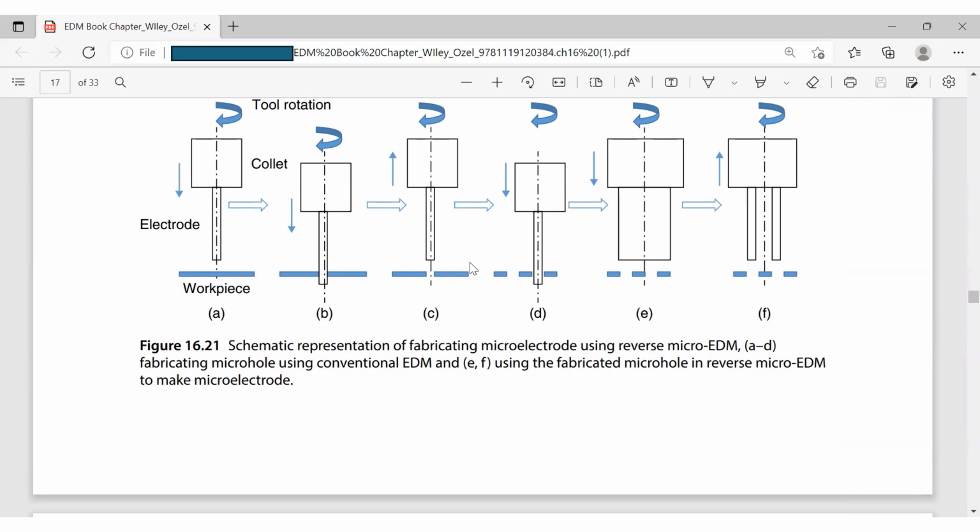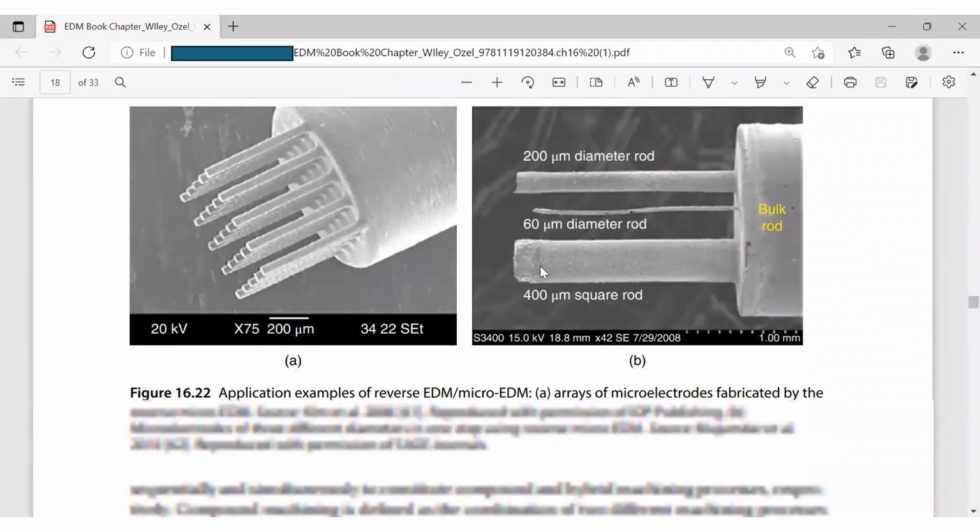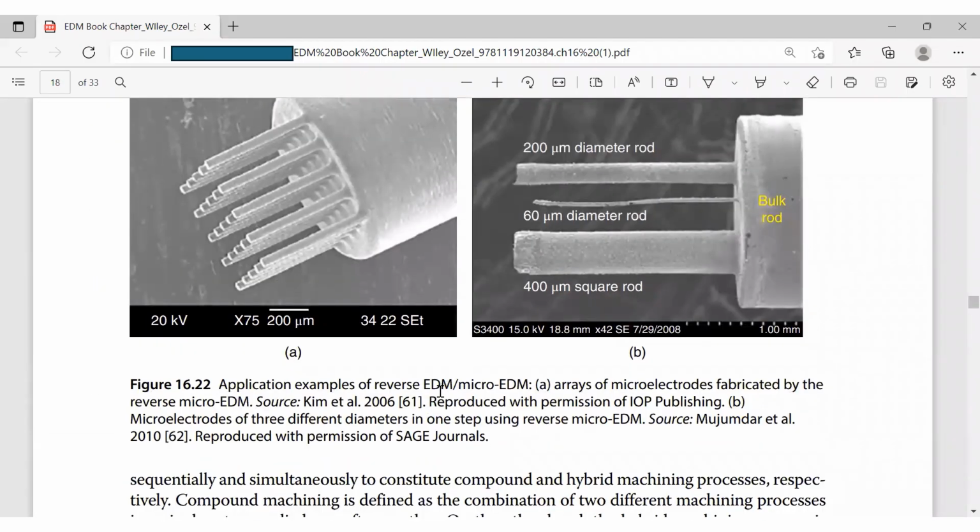So it just changes the polarity. So this electrode and this workpiece. So here is the application of reverse EDM. The card, see, very beautiful.